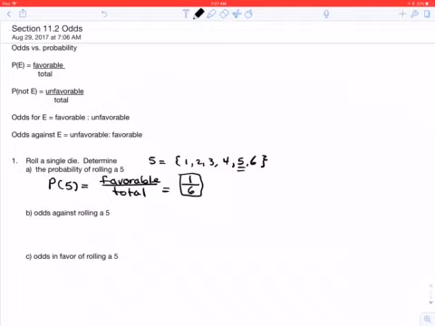Now, odds against rolling a 5, that would be a ratio of the unfavorable outcomes to the favorable outcomes. So favorable to getting a 5, we said there was just one because there's only one 5. So unfavorable would be all the rest.